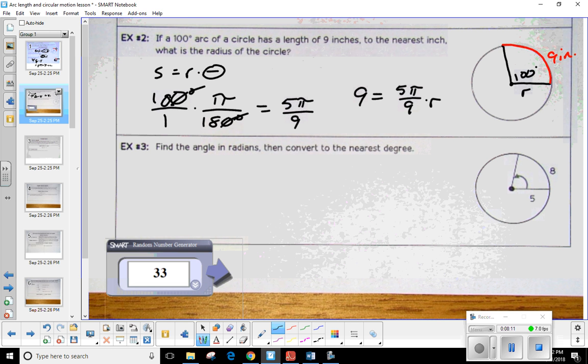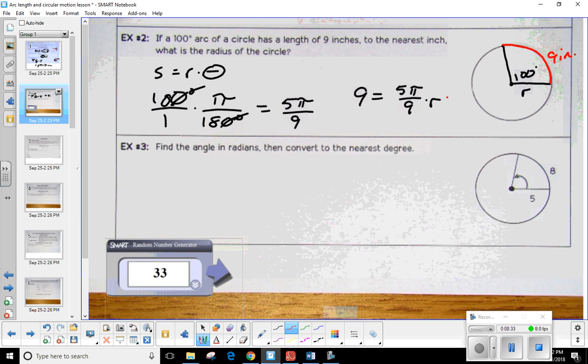Normally in an equation like this, you divide by the coefficient, right? But the coefficient is a fraction. So what happens if I divide through by a fraction? What's that the same as? Dividing by a fraction is the same as multiplying by the reciprocal. Yes.